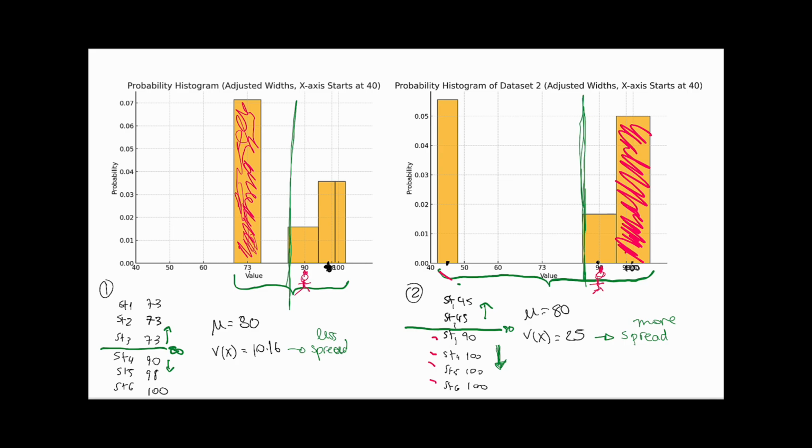So I did well, of course. 90 is a good score. But you know what? I'm not in the spotlight, right? The spotlight is actually, everyone is kind of in 90 and 100. I have a couple of outliers, but I'm not in the spotlight. While here, there are lots of people doing 73. There are 3 people doing 73.